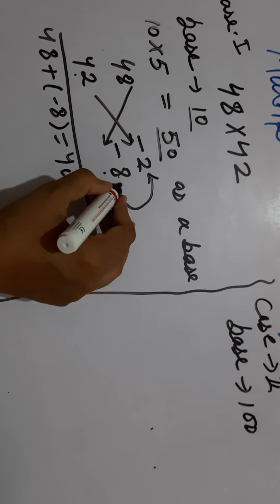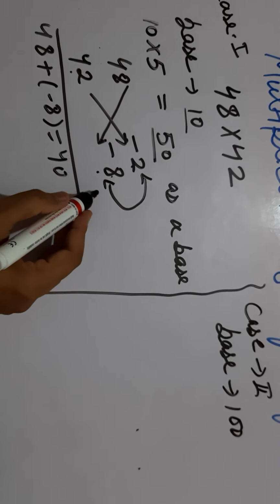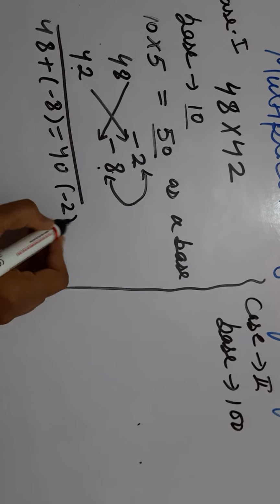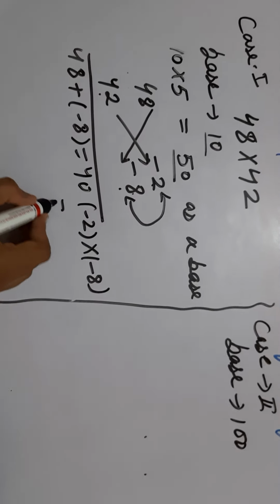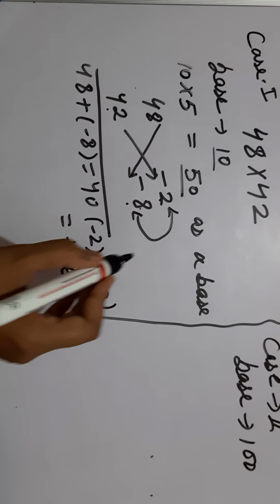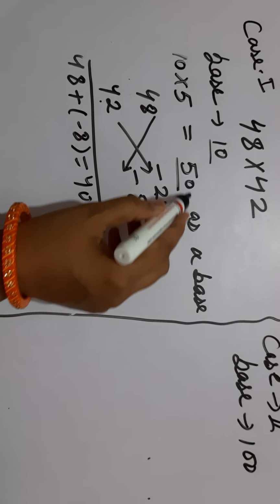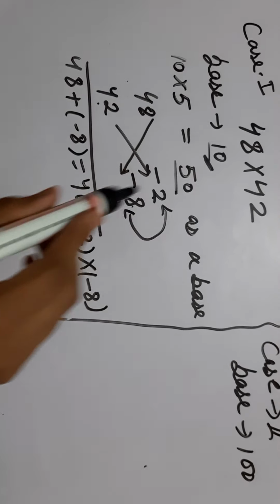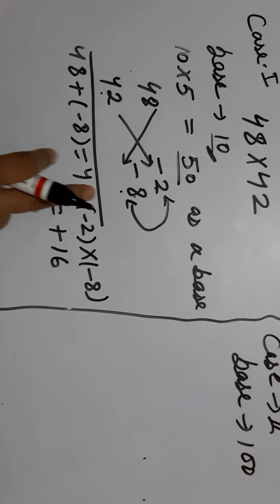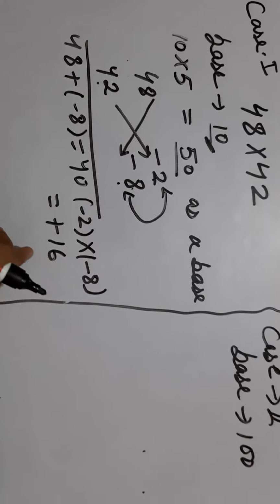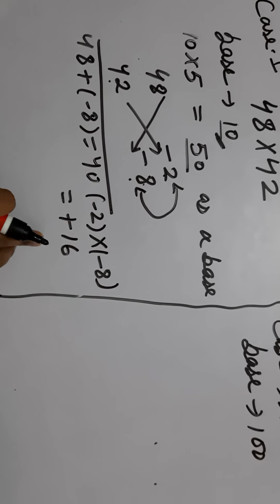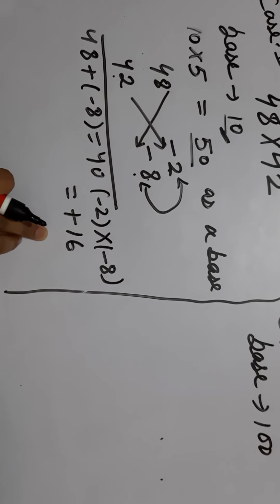We multiply both these complements, minus 2 into minus 8. So what we get here? Plus 16. Here the base value has only one zero, but in this case we are taking 50 as a base.